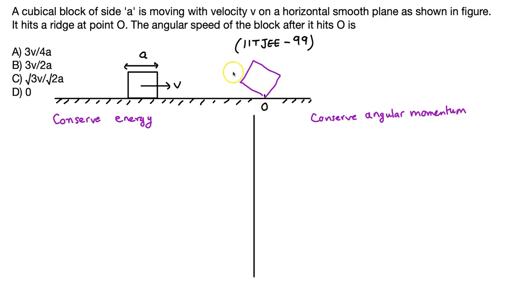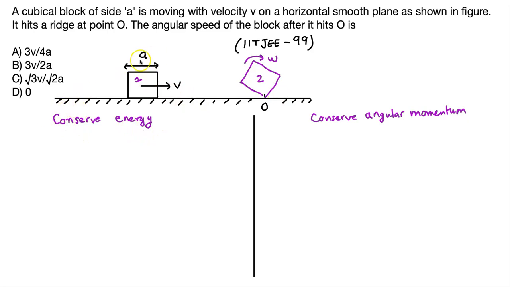I think it's fair to assume that it's going to be in pure rotation about the point O. So we can assume that it's going to be toppling over with this angular speed omega, or angular velocity omega, about the point O. So when I say conserve, I mean between the initial state 1 and the final state 2. So we can conserve these quantities, energy and angular momentum, between these two states.